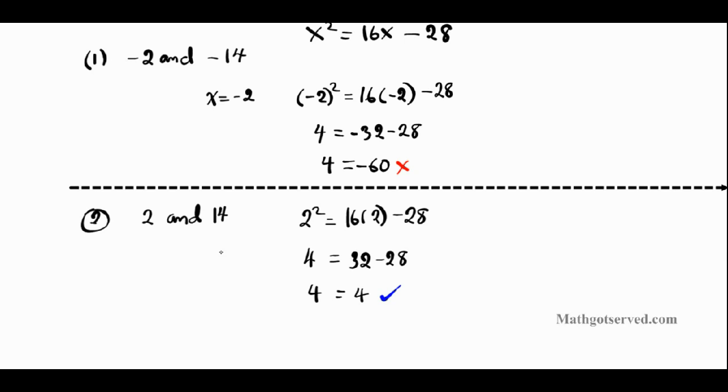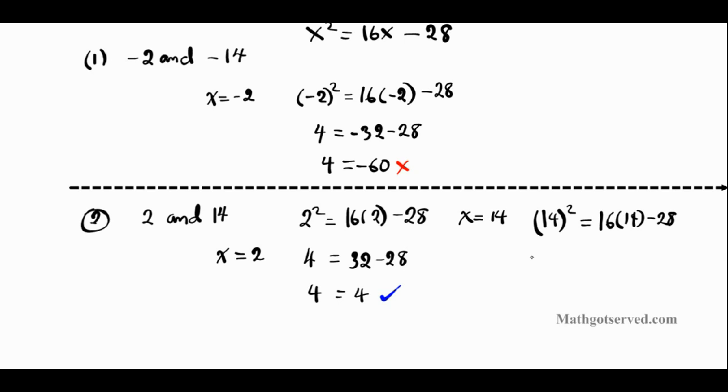All right. We just tested x equals 2. Now what do we do next? We have to test the second one, x equals 14, to see if it's true. So plug it into the function also. So the question is 14 squared equals 16 times 14 minus 28.